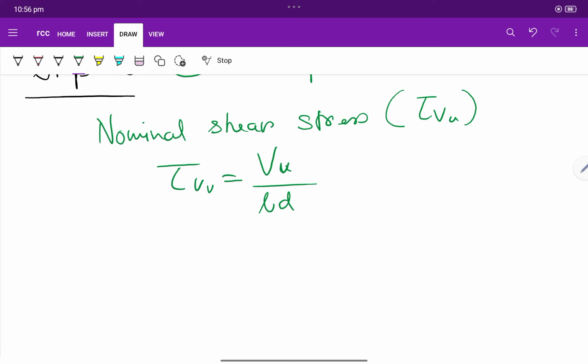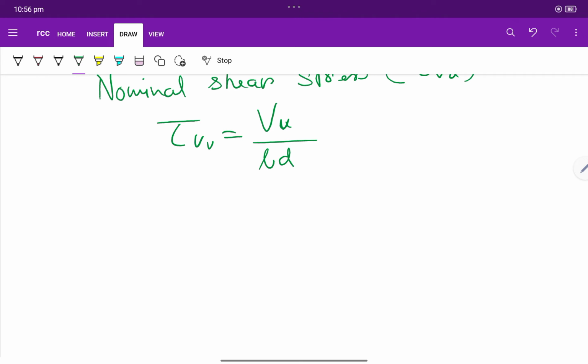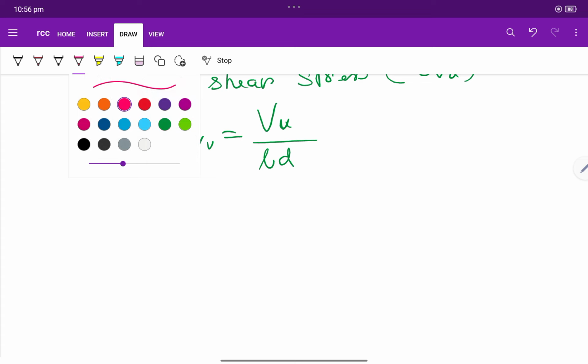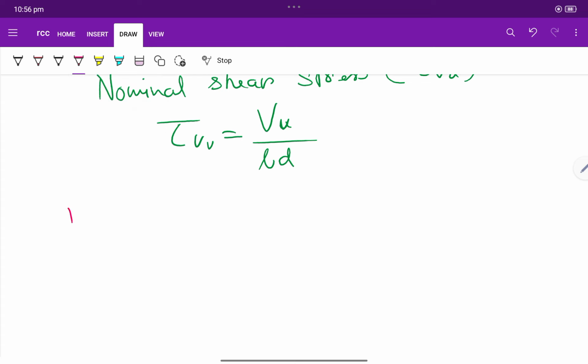This factored shear force, for a simply supported beam, you have to calculate the maximum shear force, and after that we have to calculate the design shear stress.